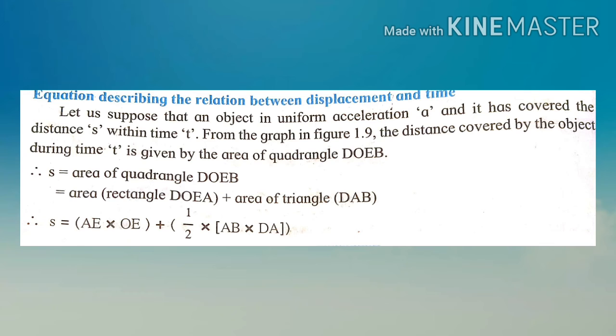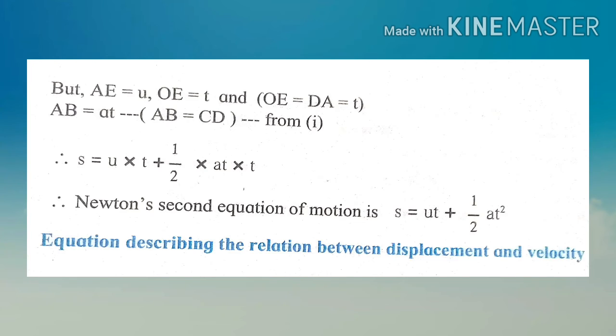If we put in values, then we get s is equal to ut plus half at into t, that is s is equal to ut plus half at square.